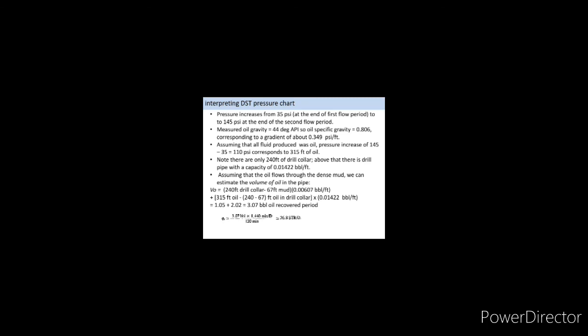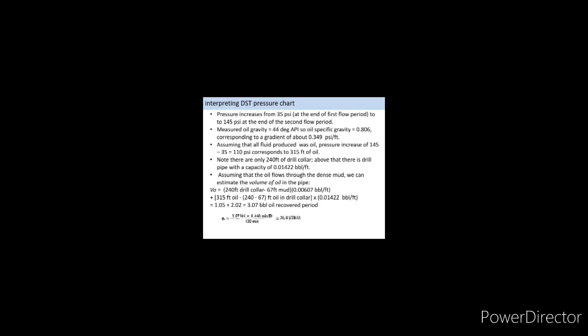That segment will give the volume of the formation fluid during the second flow period inside the drill collar. What is the volume of that fluid in the drill collar? That will be given from this part, plus 315 feet of oil minus 240 minus 67 feet of oil in drill collar. So in total we have 315 feet of oil, right?